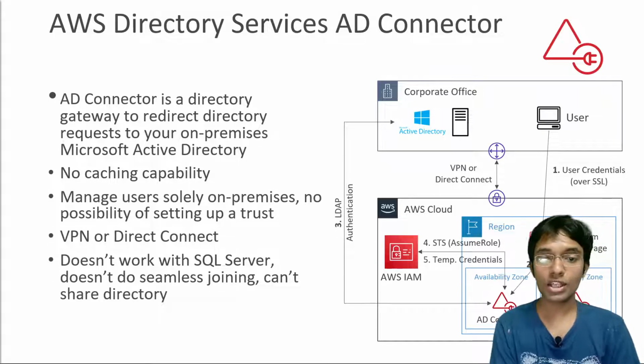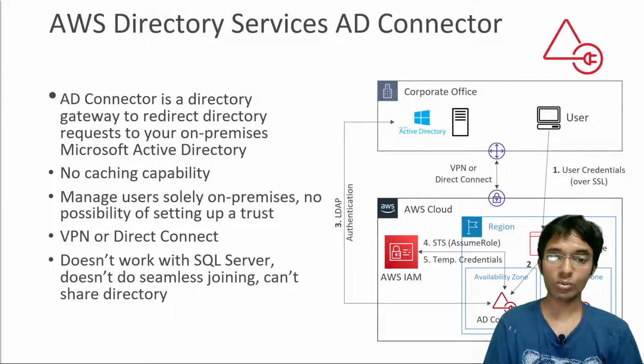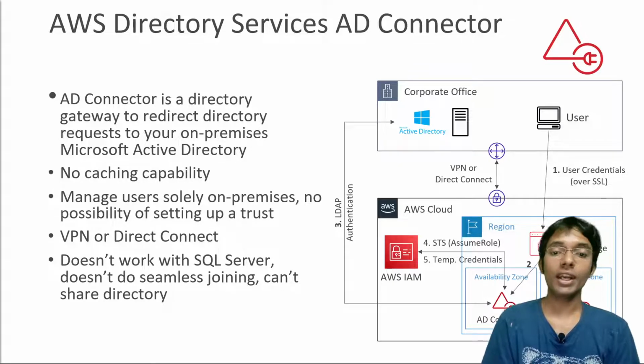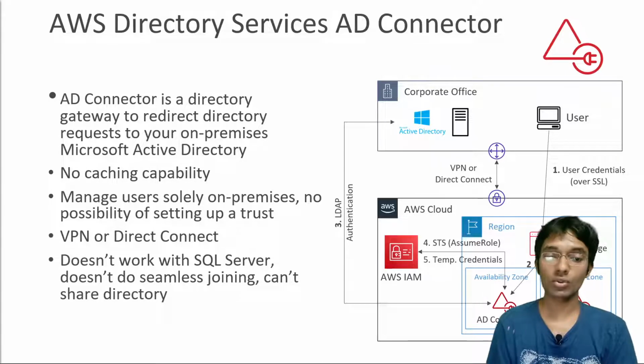There is no trust being set up, and you need to have VPN or Direct Connect. It doesn't have integration with SQL Server, and it doesn't do seamless joining. It comes with shared directory. So this is something a bit more basic, and hopefully the example will be very clear if you need AD Connector. It's some kind of directory proxy, but in case the connection goes down, it's basically useless.